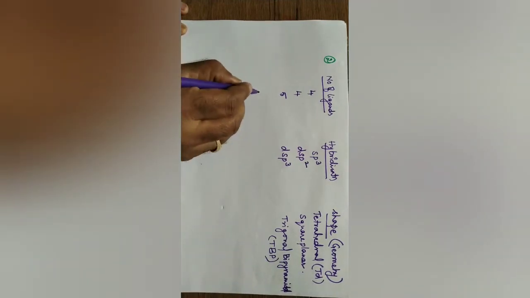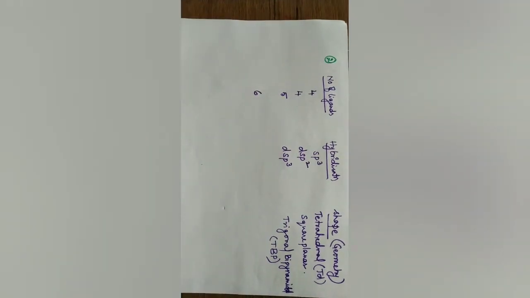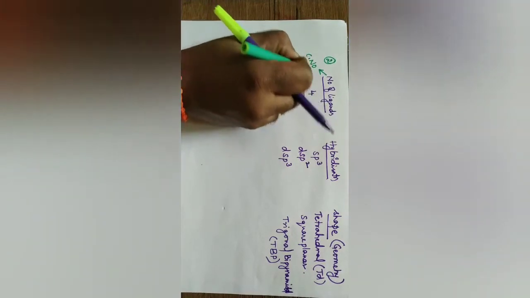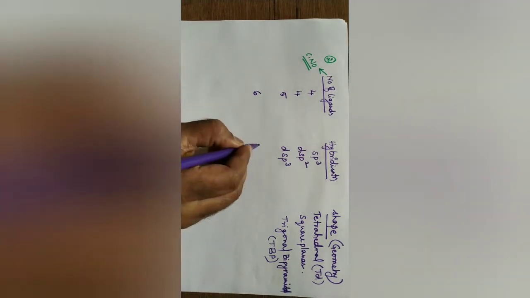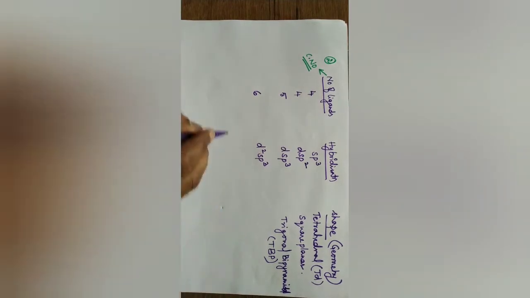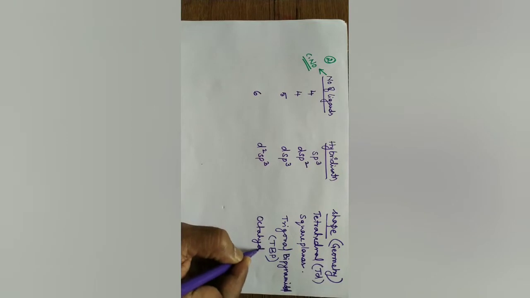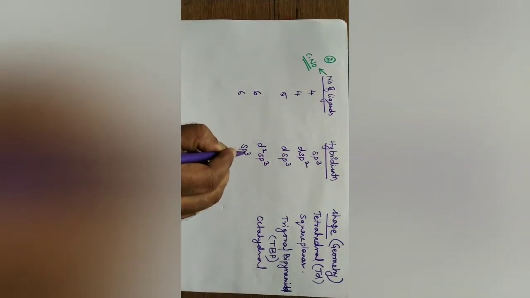The number of ligands around the central metal atom is nothing but the coordination number. If the ligands are 6, the hybridization is d2sp3, octahedral. You can also write it as sp3d2.